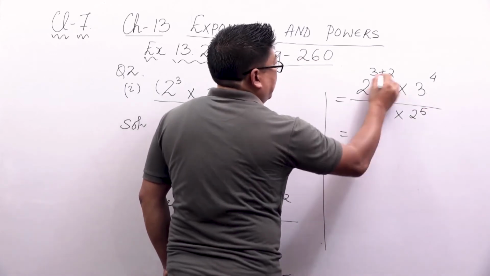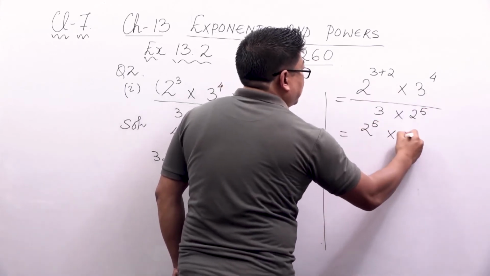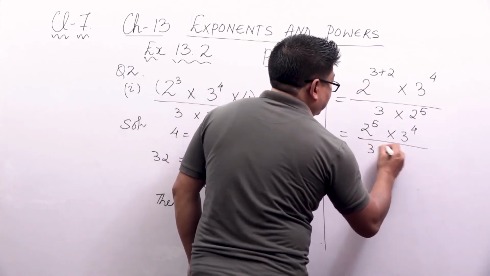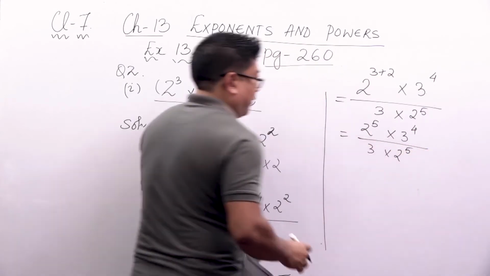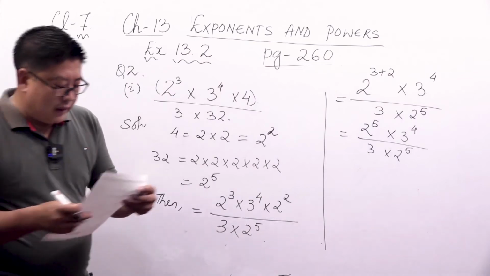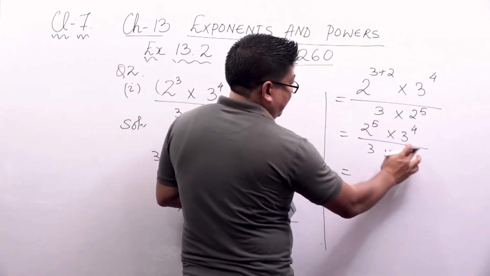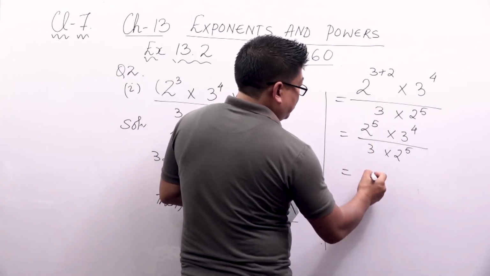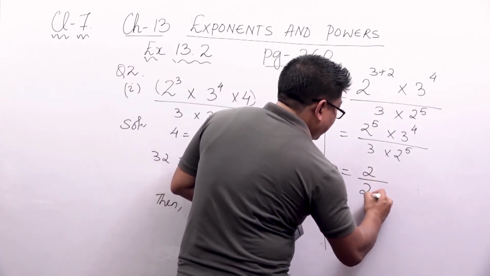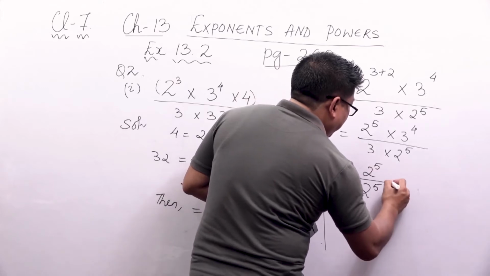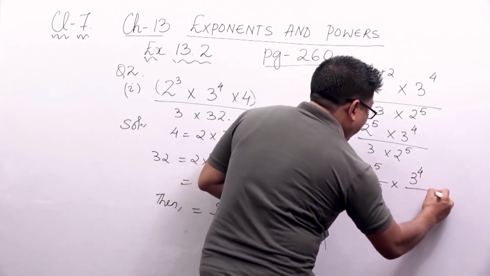So 2 to the power 5 into 3 to the power 4 by 3 into 2 to the power 5. Now here, if you look carefully, you can see divide and the same base also. So I will bring them together: 2 to the power 5 by 2 to the power 5 into 3 to the power 4 by 3.